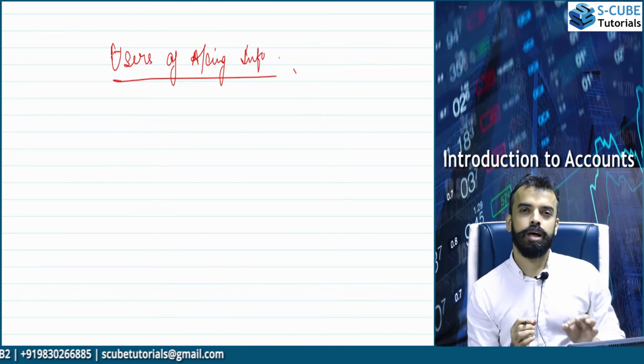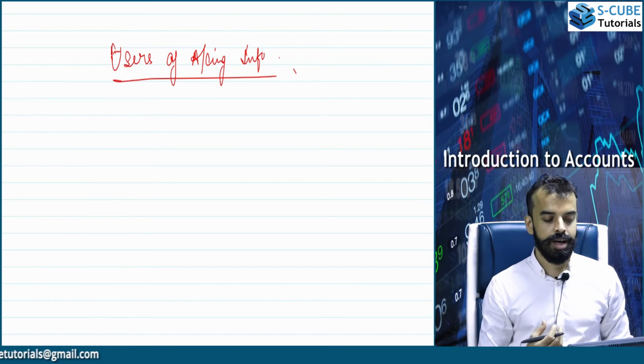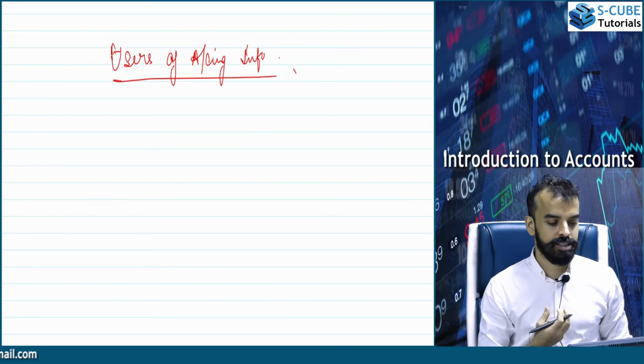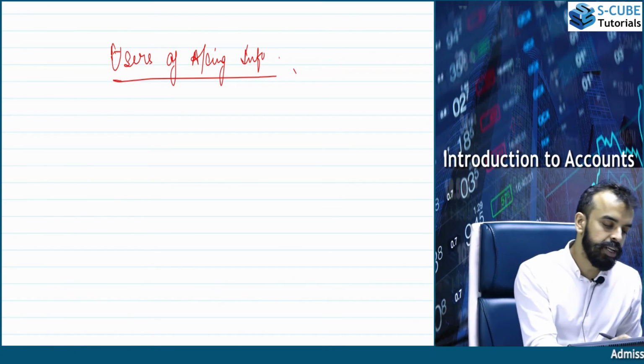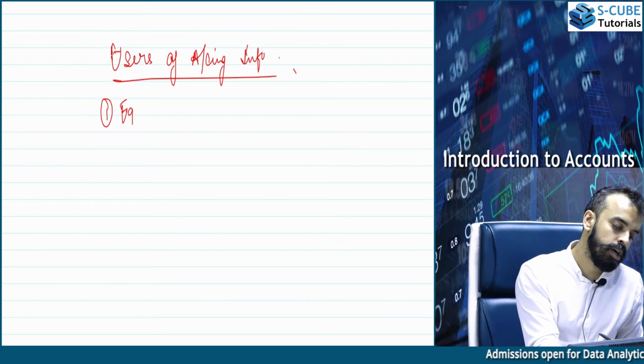The 4 major user groups are understood as follows. Number 1 user is equity investors.